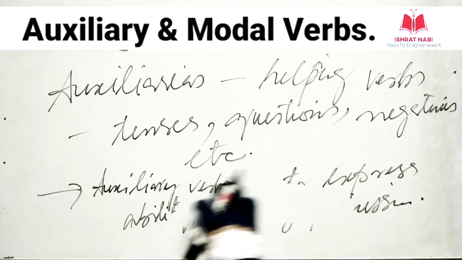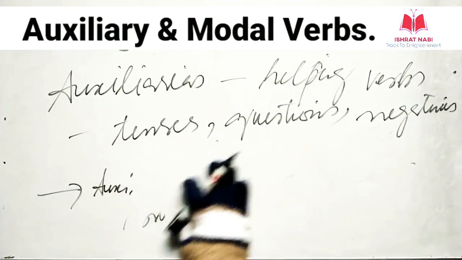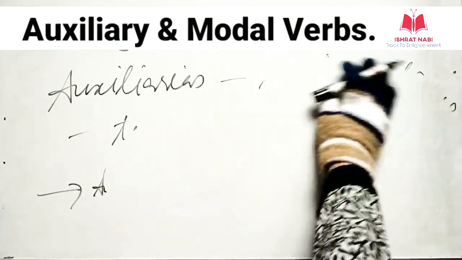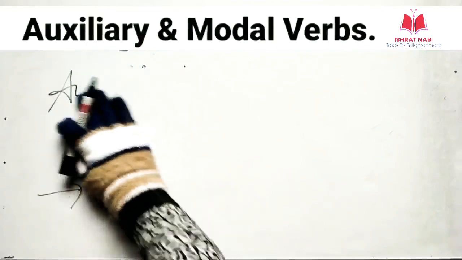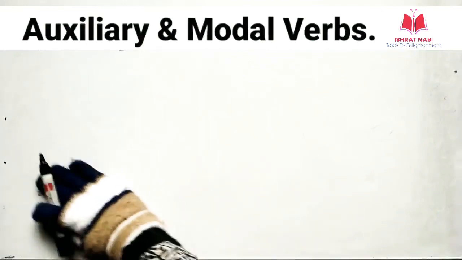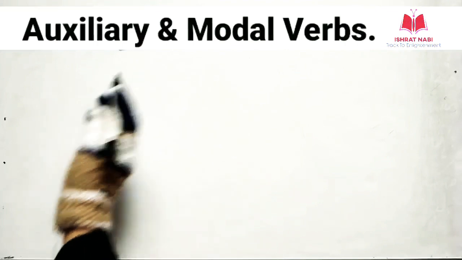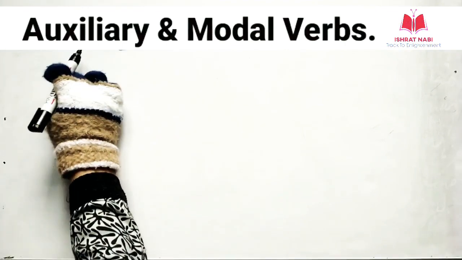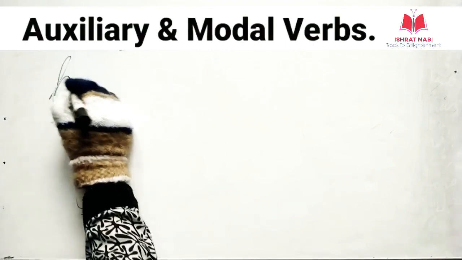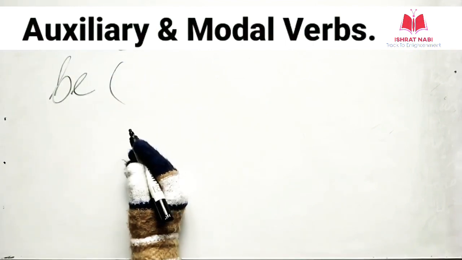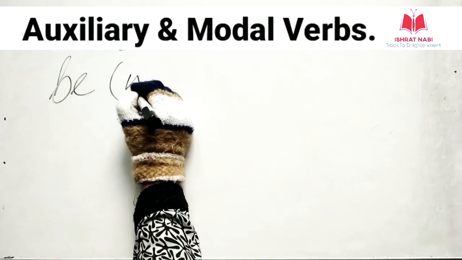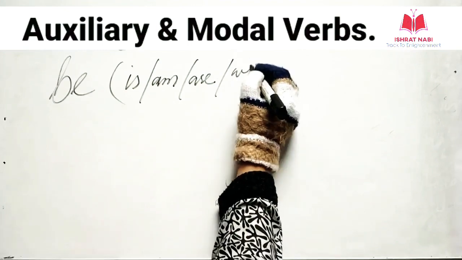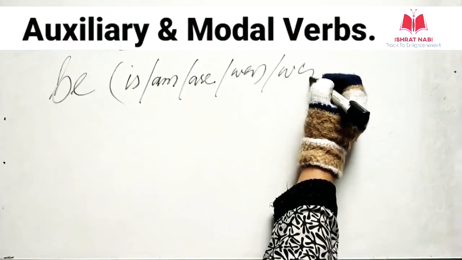Here's a list of auxiliary verbs. The very first auxiliary verb is be, which has various forms like is, am, are, was, and were.